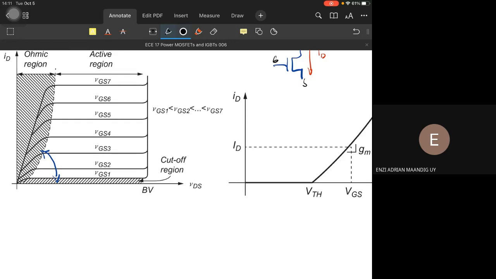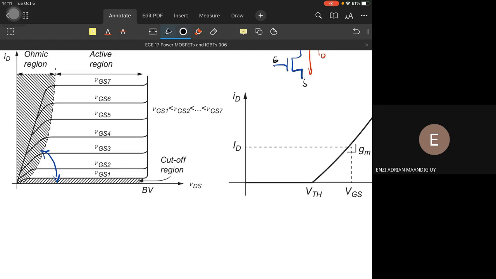So how do we know which region our MOSFET, or technically our device, is operating in? We have three: ohmic, cutoff, and active.